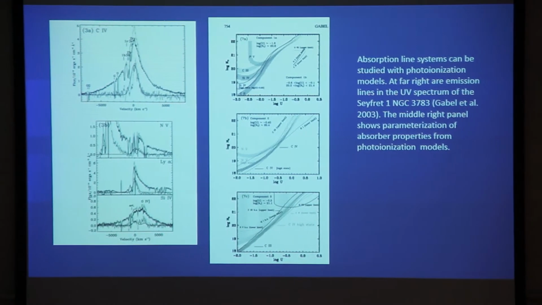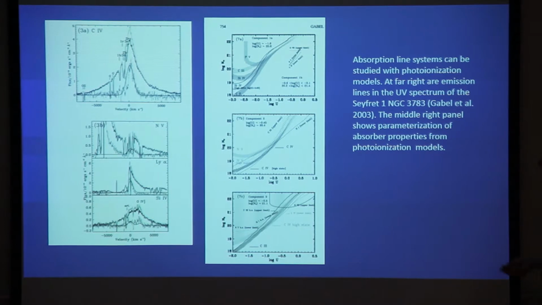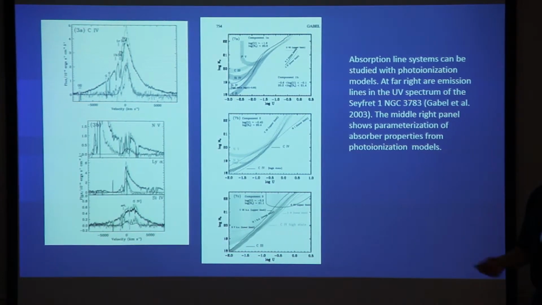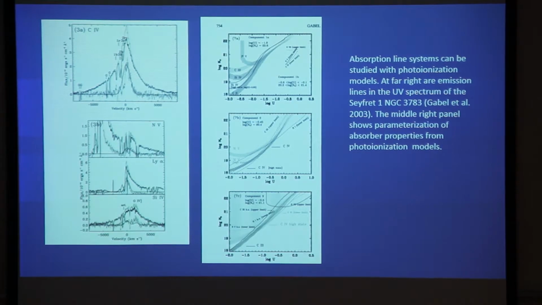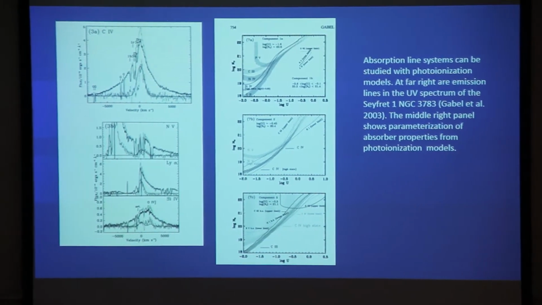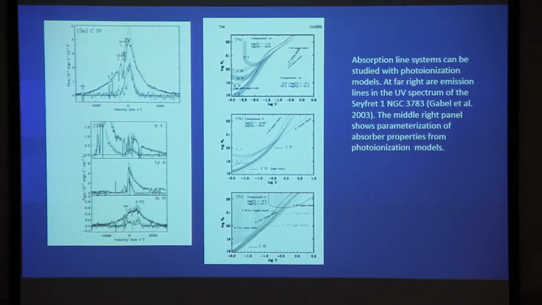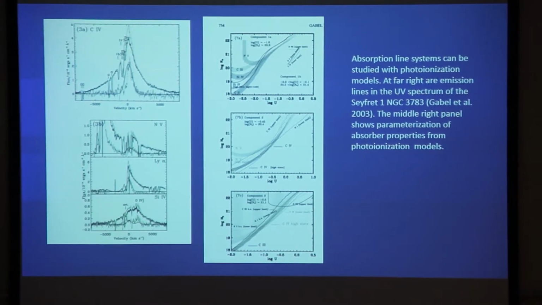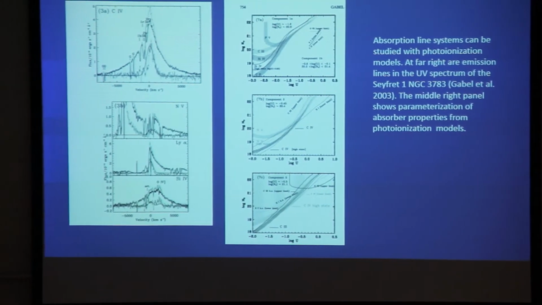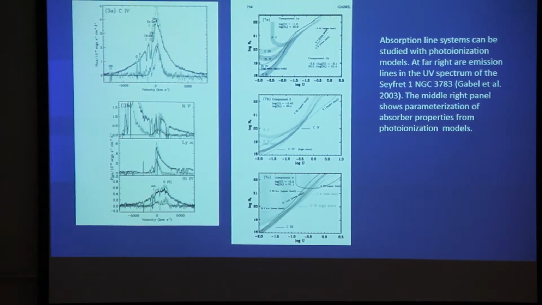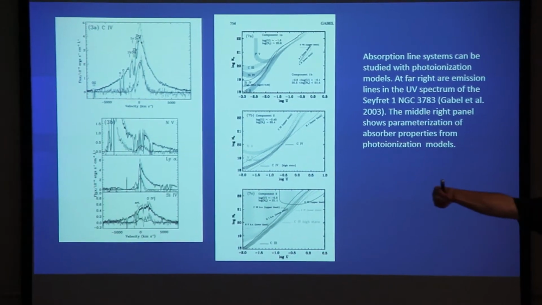So what do you do? Well, you can measure by a variety of means I'm not going to go into how much gas is doing the absorbing. And what you get is something called a column density. Basically, if you just draw a line to the source, it's the number of particles per centimeter squared. So it basically is a function of how dense the gas is and how much of it you're looking through.